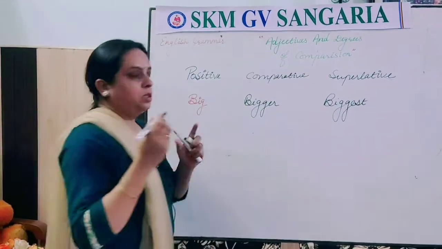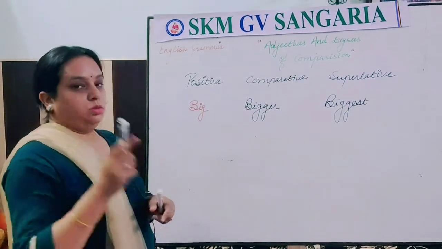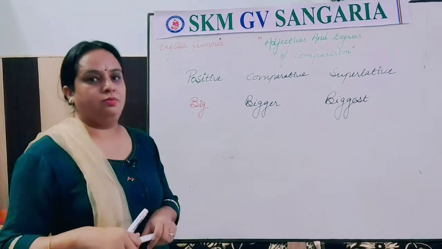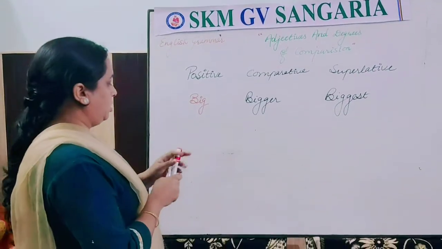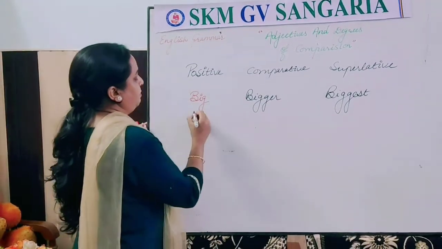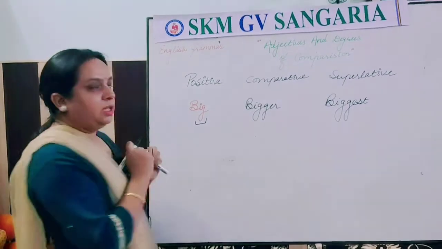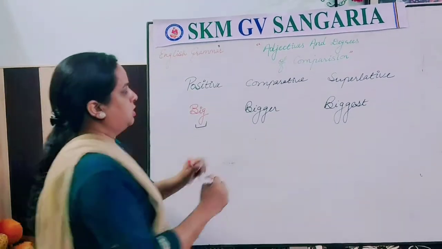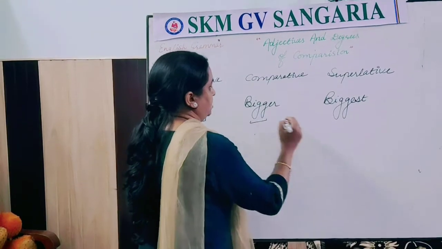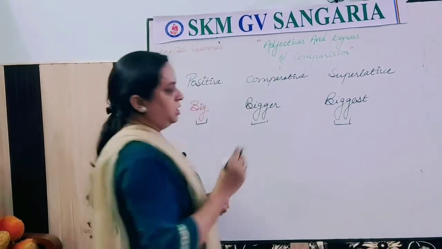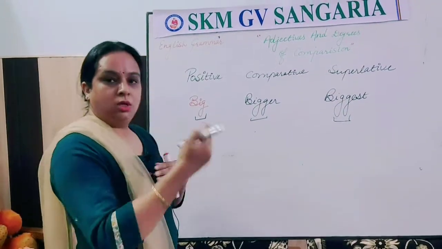Clear? Now, the very important thing which you have to learn here is that in the spelling big, you have used only one G. But in the comparative and superlative degree, this G becomes double.